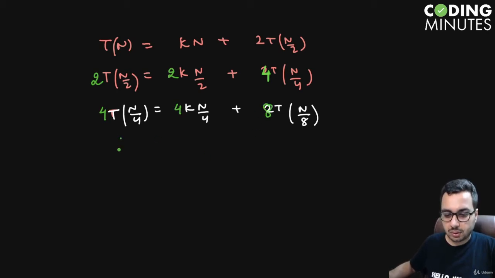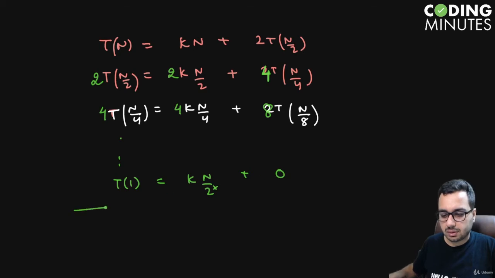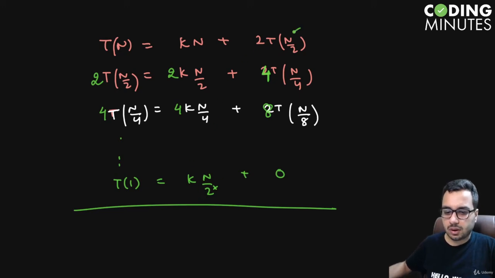Similar things will go on for all of these equations. We will have something like T(1) left, that is again k times n over 2 raised to some power x, plus 0. So this would effectively become very small, and all of these terms would get cancelled.